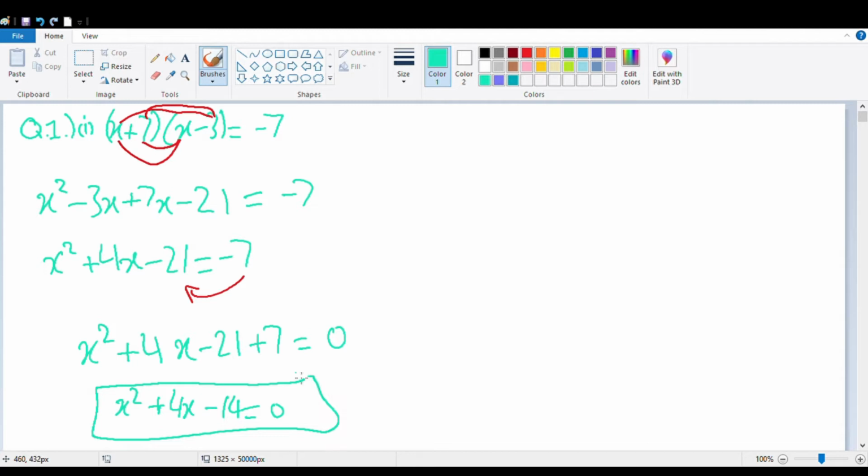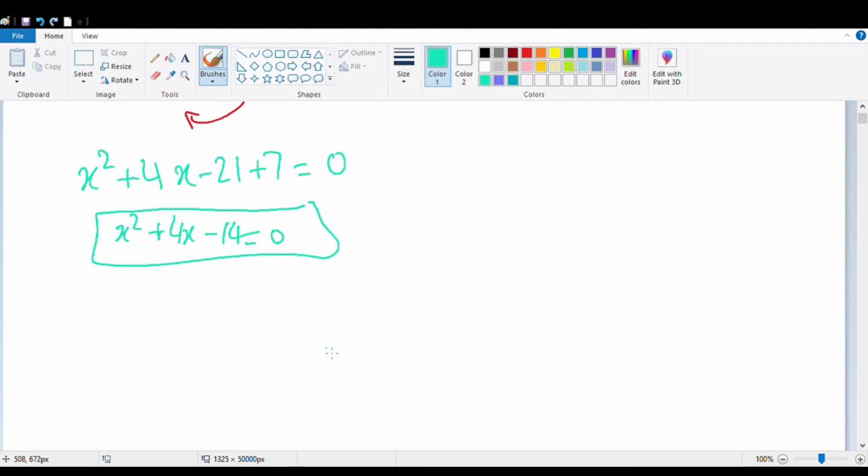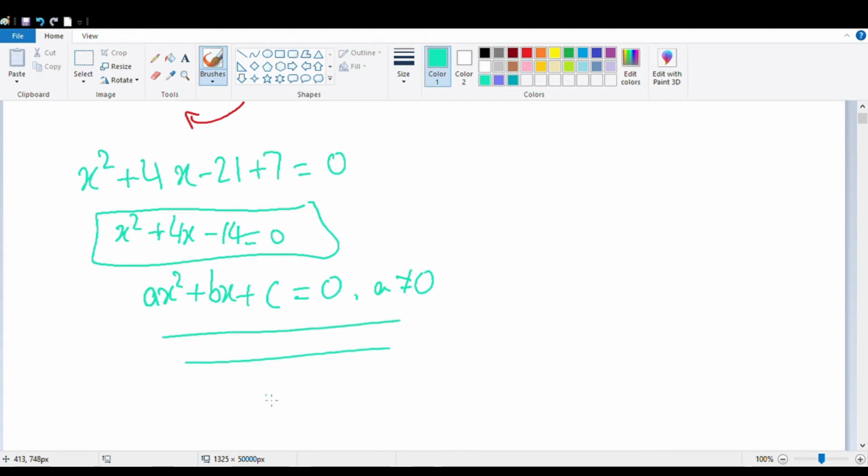As we can see, this is indeed a quadratic equation in standard form, as this is in the form ax squared plus bx plus c is equal to 0, and a is certainly not equal to 0. So this is a quadratic equation in standard form.